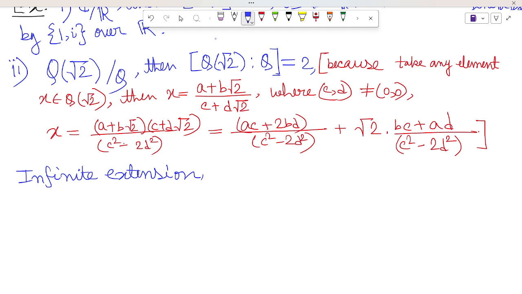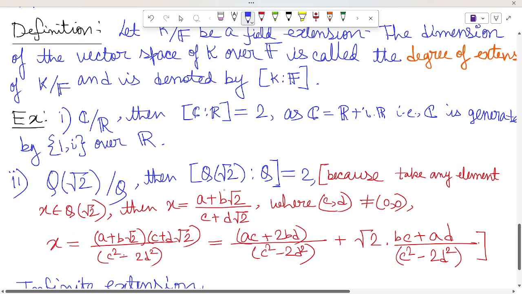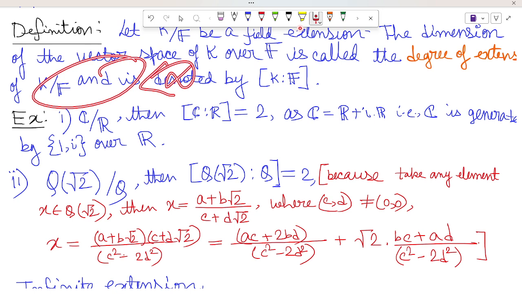Finite extension means the degree of the vector space K over F, which I have defined here, is finite. If this is finite, then it is a finite extension, and if it is infinite, then it is an infinite extension.